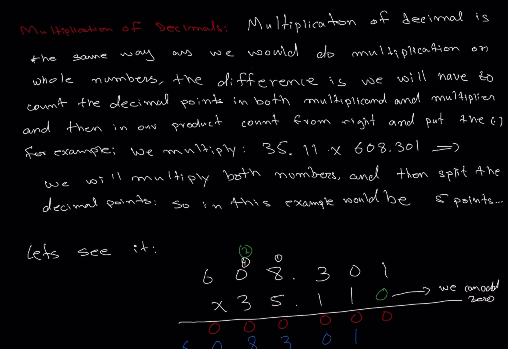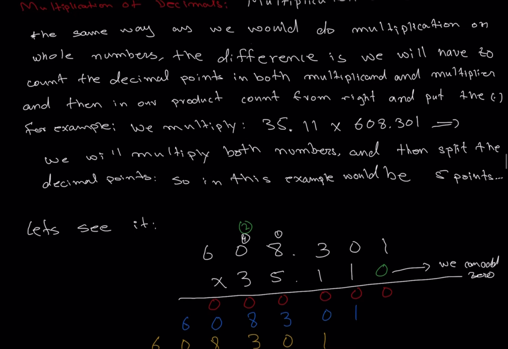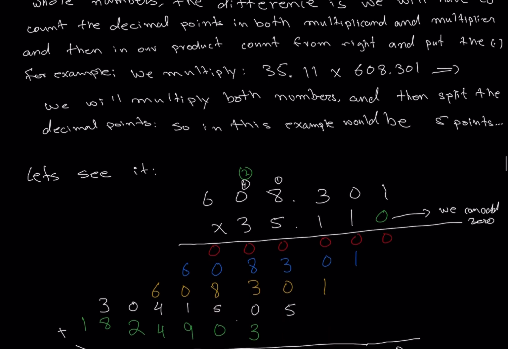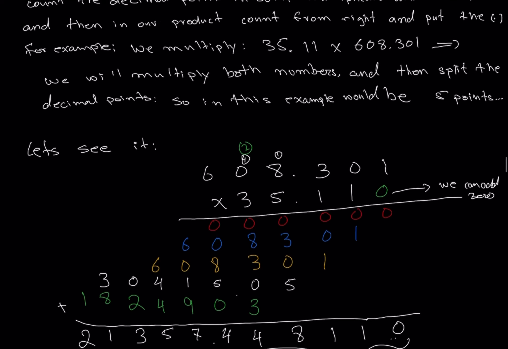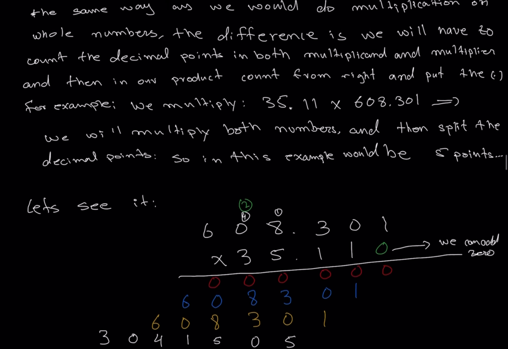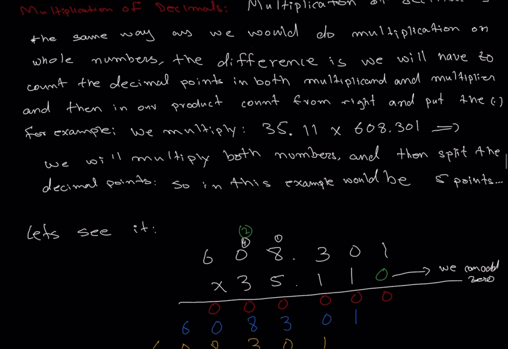We have 1, 2 here and 3 here, so altogether 5 decimal places to the right side. So our final answer should have altogether 5: 1, 2, 3, 4, 5. We count from left to right. The 0 doesn't count because a 0 to the right of the last digit of a decimal doesn't count. So that's what that means.